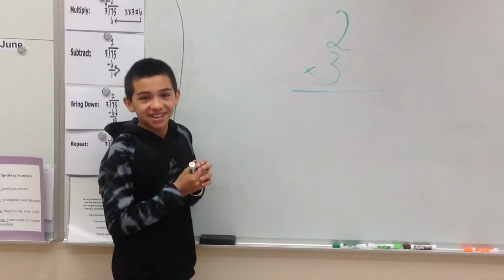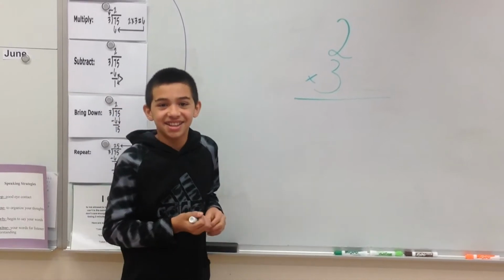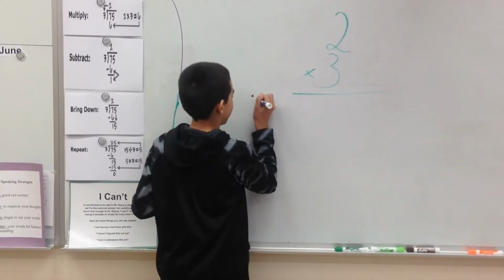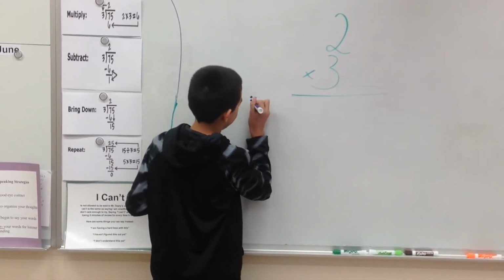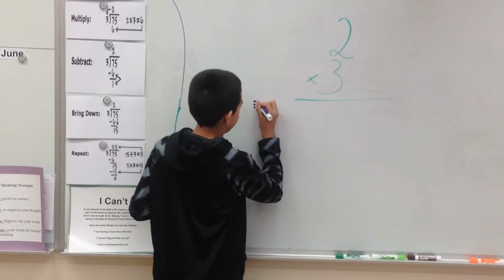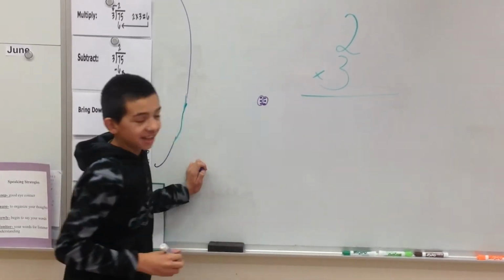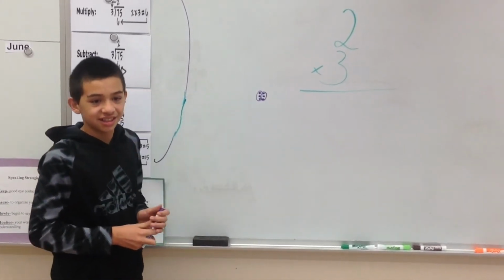Out there, 2 times 3. Okay. What's a strategy you can use? Can you draw a picture to help you? Yes. How would you do that? I can use the dots. What did you draw there? The dots. Why did you circle 2 groups of 3?